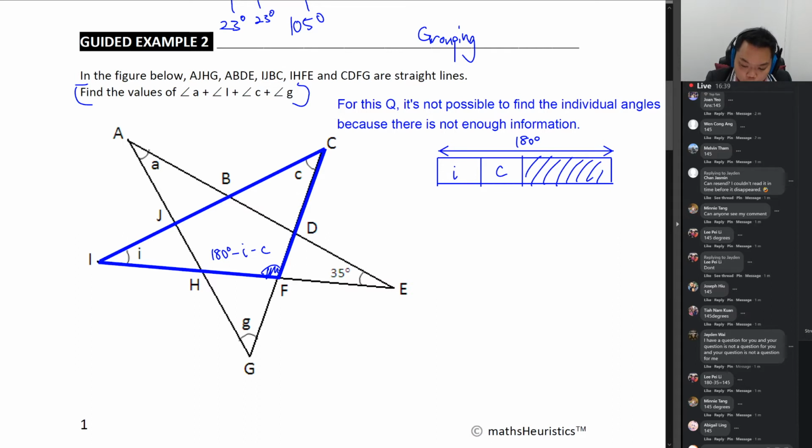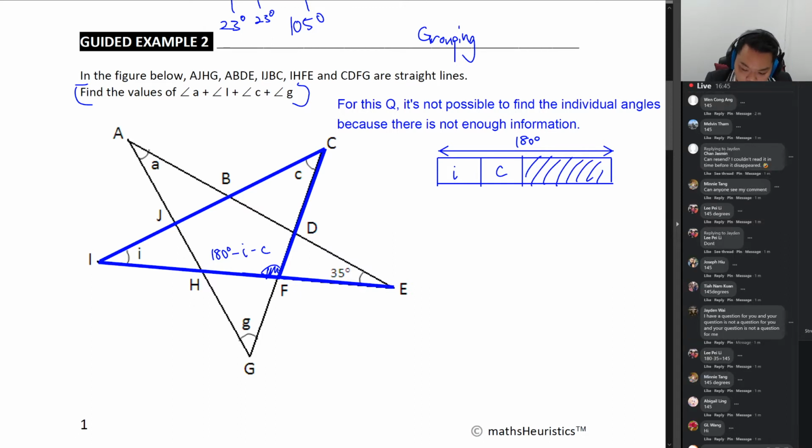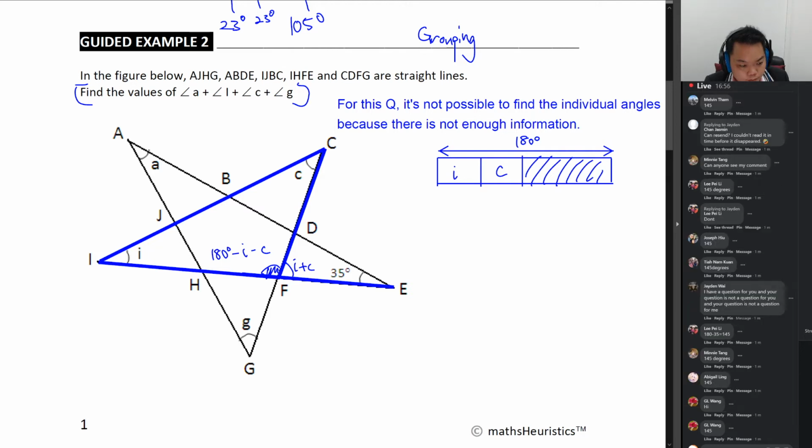So now if you continue to extend out this straight line over here, this is angle I plus angle C. Correct? So you all follow so far?